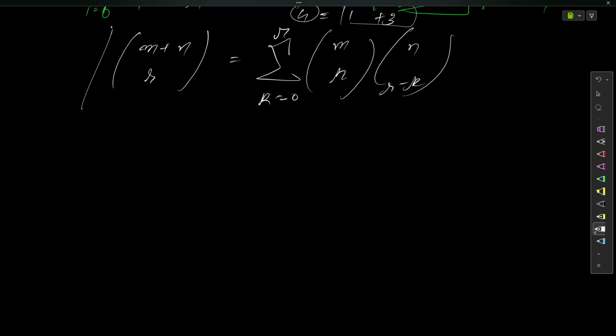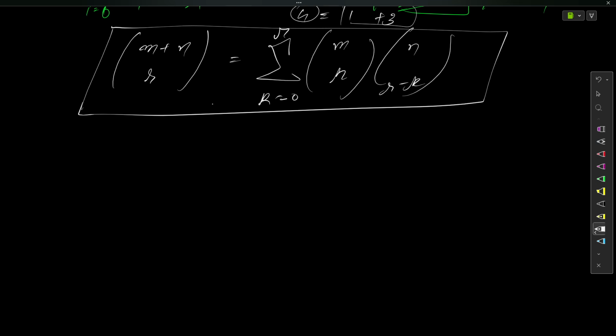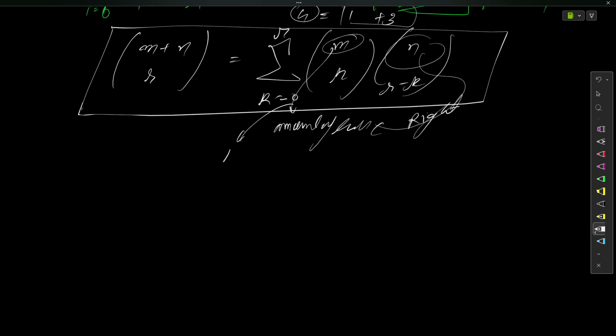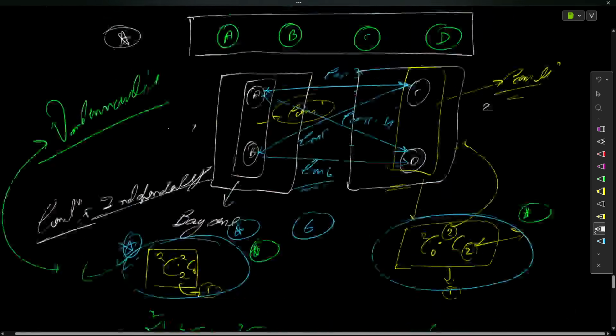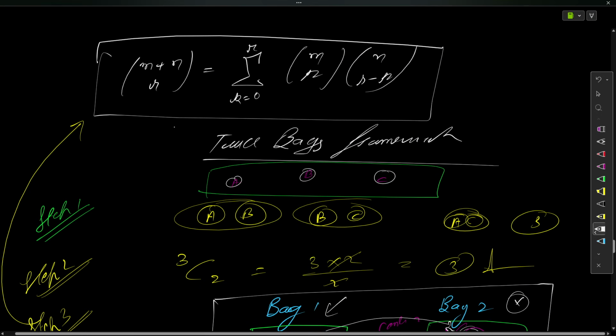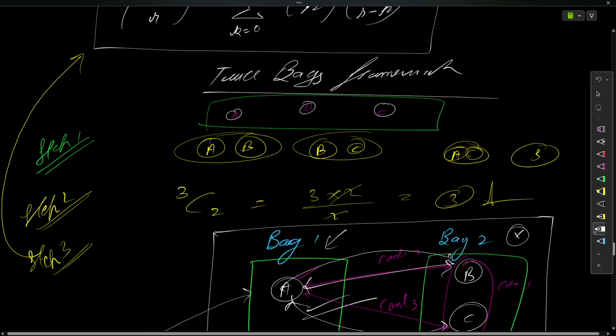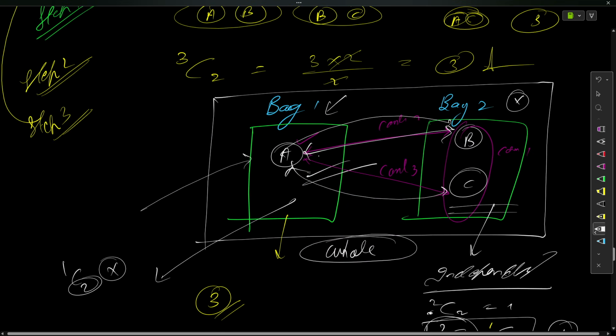So according to our bag framework, we can say simply that on the left bag, this is the number of balls that you have, and this is the number of balls that you have in the right bag. So overall, instead of choosing in the traditional format and directly applying 3C1 and 3C2, we can first divide these elements into different bags.